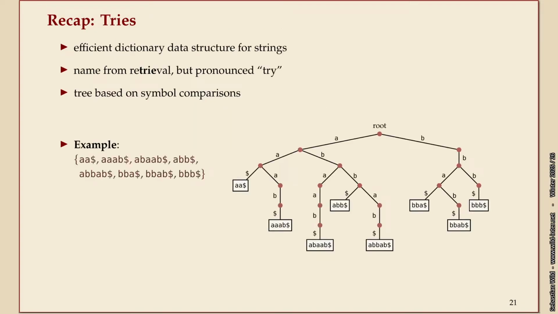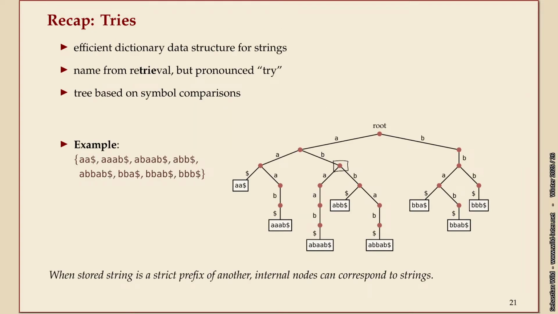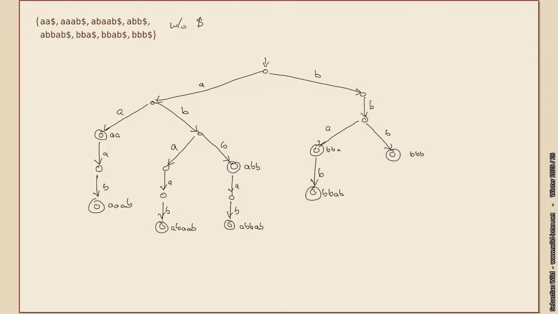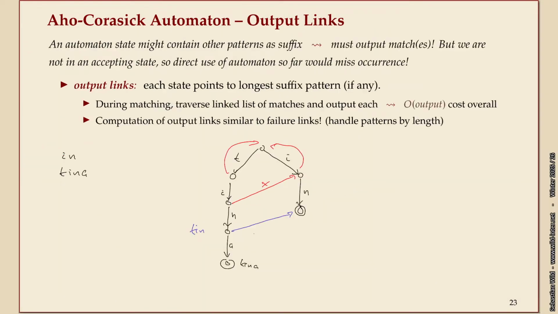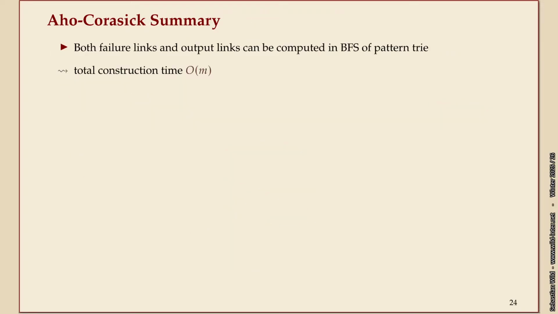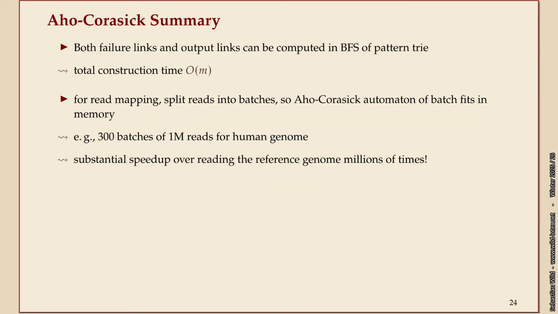In a way, this was starting from a trie that we turned into an automaton by adding various edges, in particular the failure links and the output links for not missing occurrences that are a substring of some other string. And you'll have a bit of practice on the current sheet to at least do this once on an example.